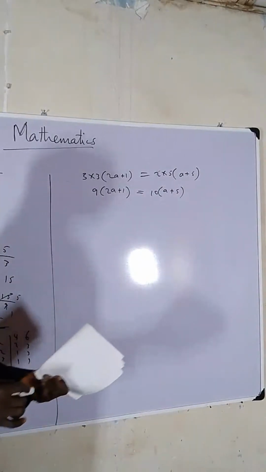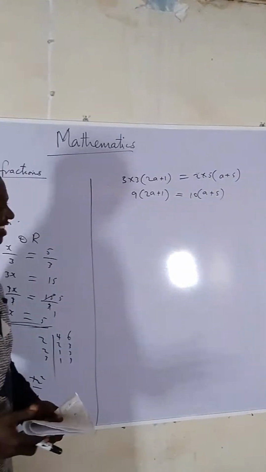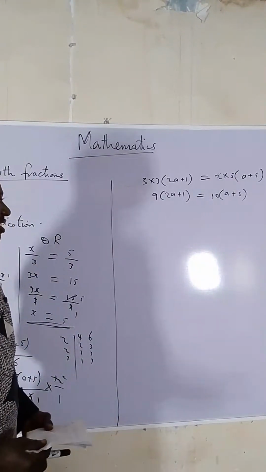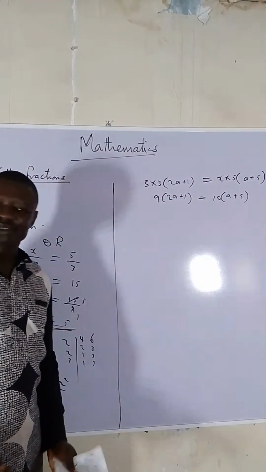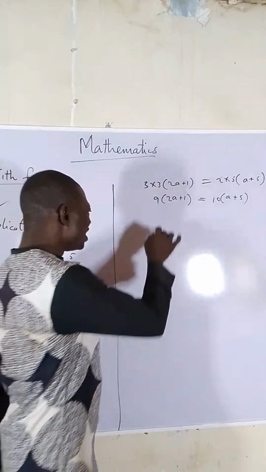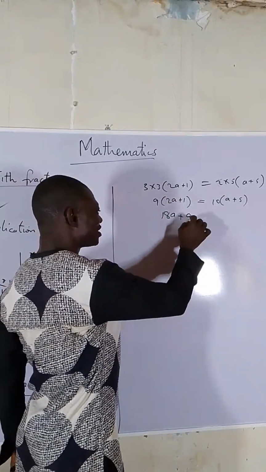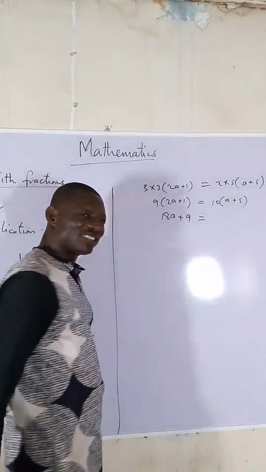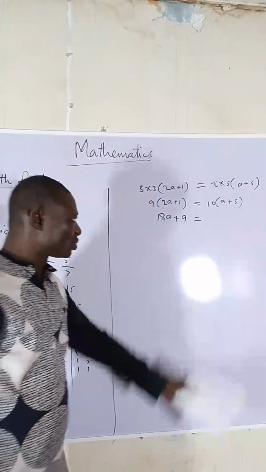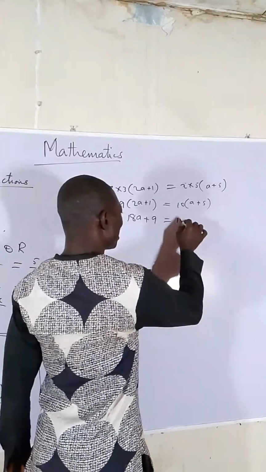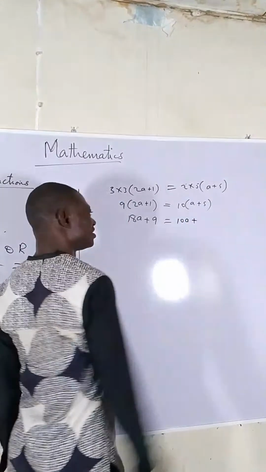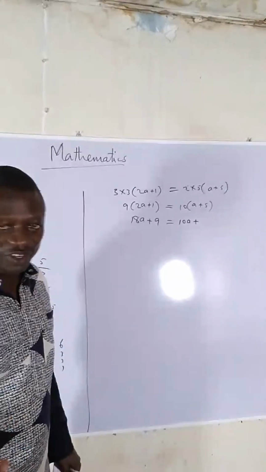We can then open the bracket. Okay? So let's open the bracket now. To have 9 times 2a will give us 18a plus 9 times 1 will give us 9. We've opened the bracket on the left hand side, is equal to 10 times a will give us 10a plus 10 times 5 will give you 50.